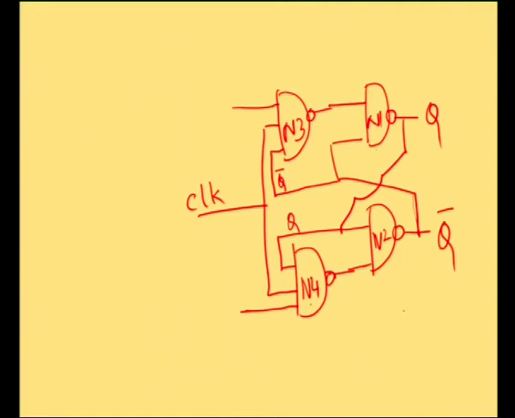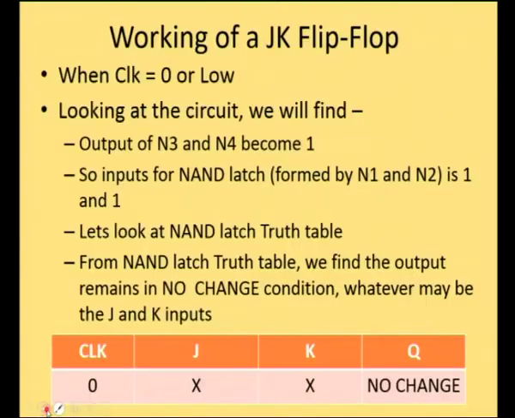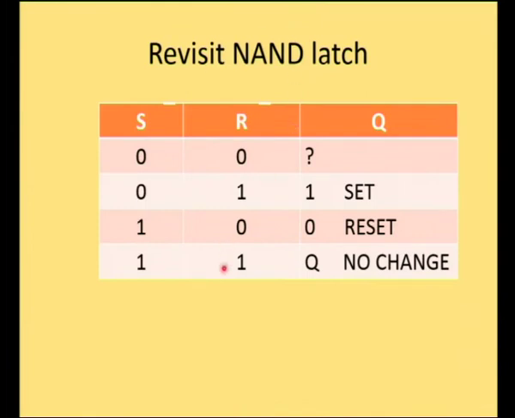Now, let us see how it works. Working of a JK flip-flop. When the clock is 0, you very well know from the NAND truth table, the outputs are going to be 1. Then look at the NAND latch. You have 1 and 1, so there will not be any change.